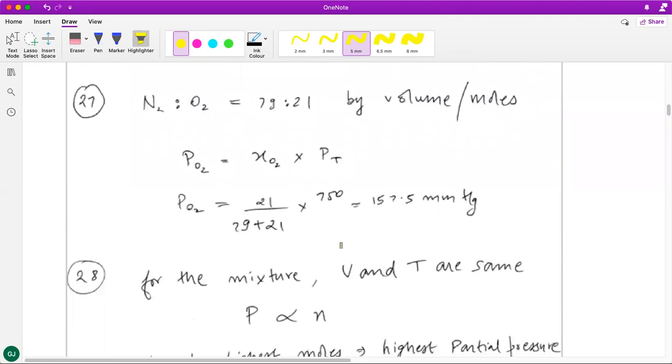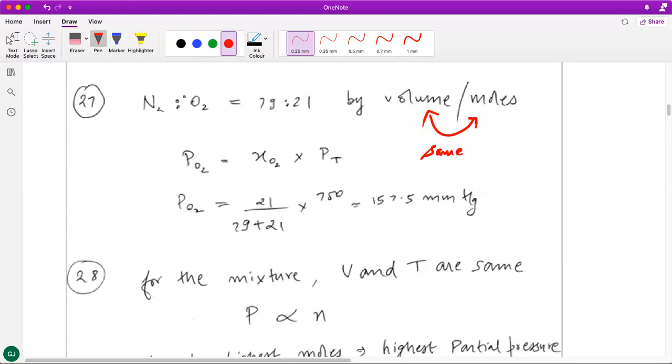All right, then 27th question is a straightforward question. It talks about N2 and O2 in a particular composition by volume, which I have told you that you should read as by moles. Okay. So treat them that way for future questions also. If you are given composition by volume, you can treat that composition to be by moles for a given mixture of gas.